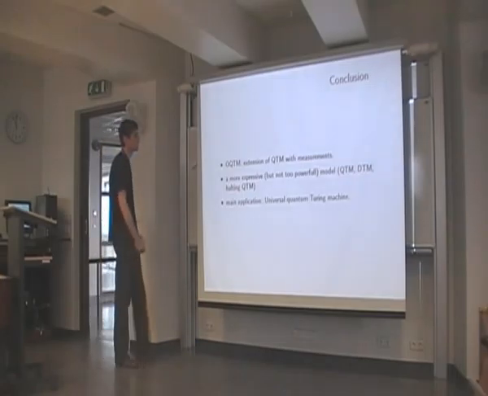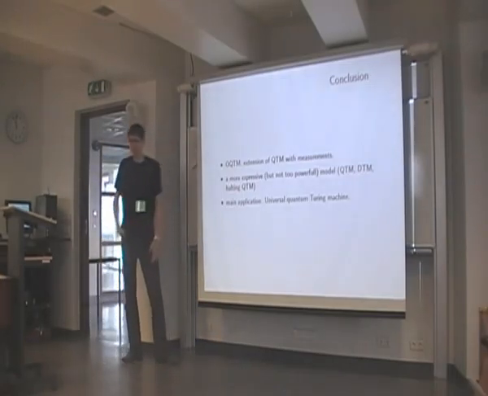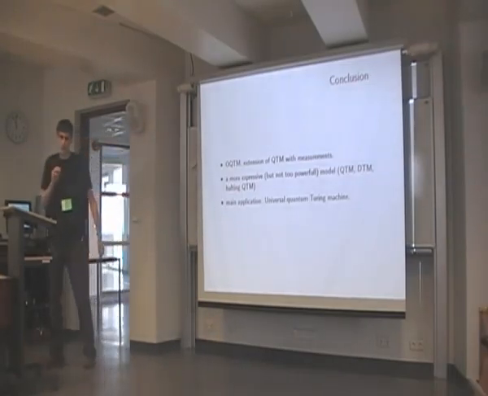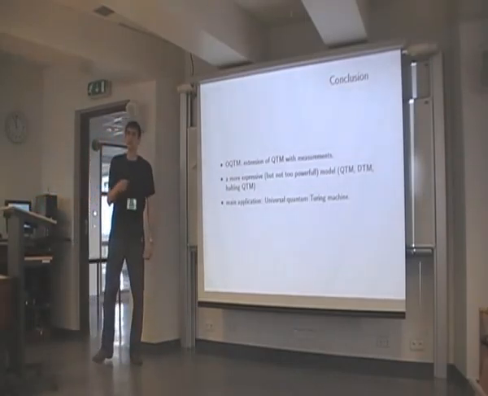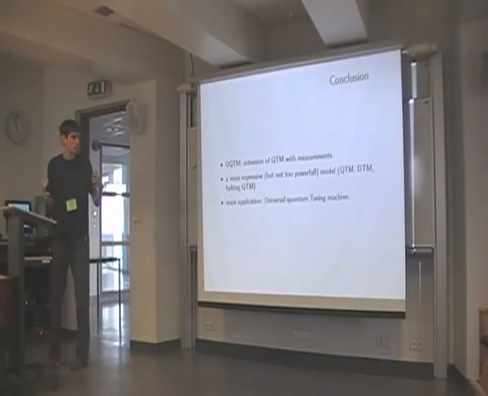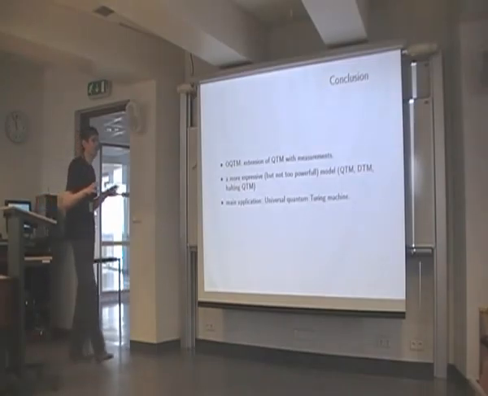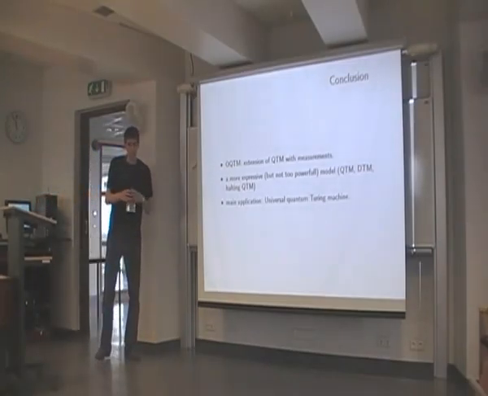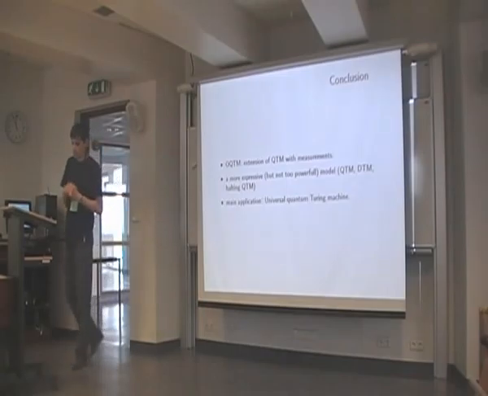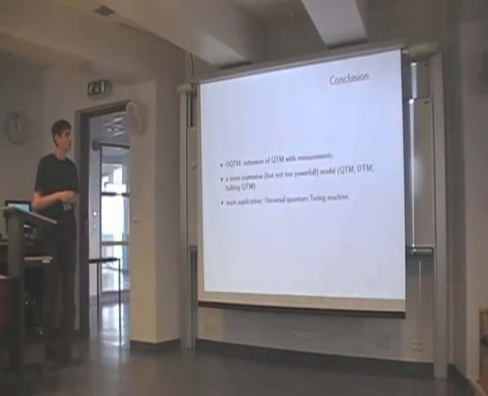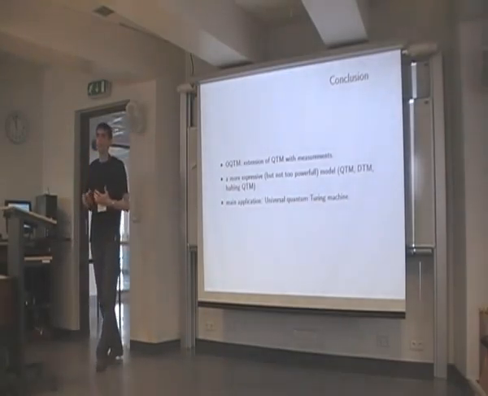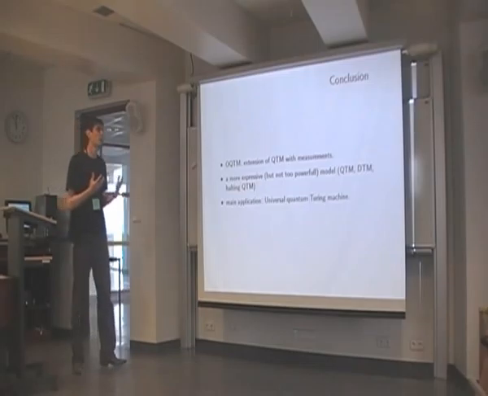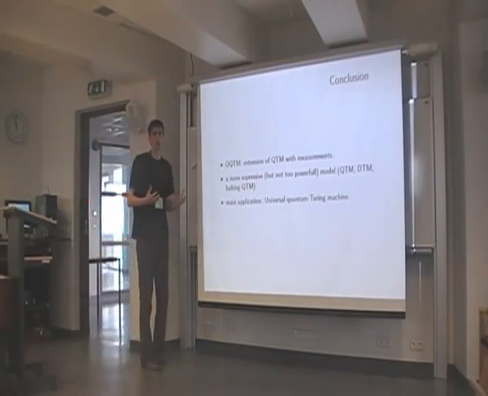And so one of the main applications is, in fact, the problem of the universal quantum Turing machine. It turns out that at the moment there is no universal quantum Turing machine, and in some very recent papers, two of them concluded that in order to find a universal quantum Turing machine, we have to have a formalization of the classical control.